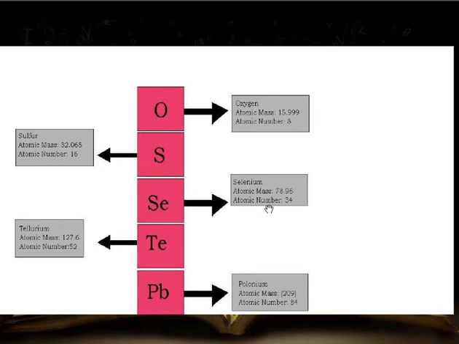If the atomic number increases, it is obvious that the number of shells increases. And if the number of shells increases, the atomic radii has to increase. What is atomic radii? Let's understand.